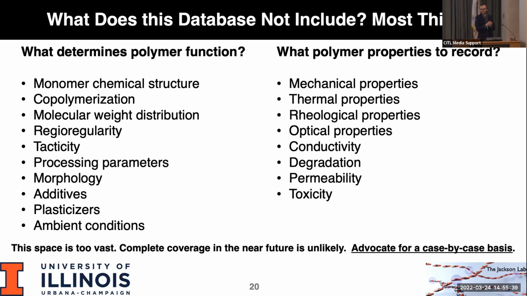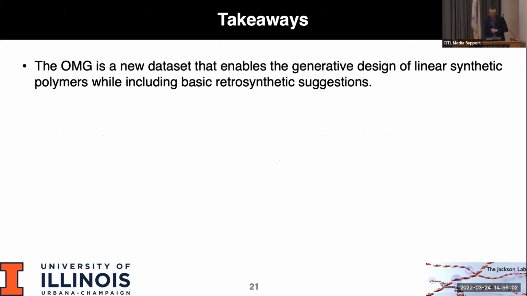It's too much to get experiments covering all of these areas. I've given a couple of versions of this talk before, and I think everybody, when they see a data set, wants their properties to be in there, but it's a really complicated thing for polymers. So we're happy to move in these directions, but on a motivated case-by-case basis.